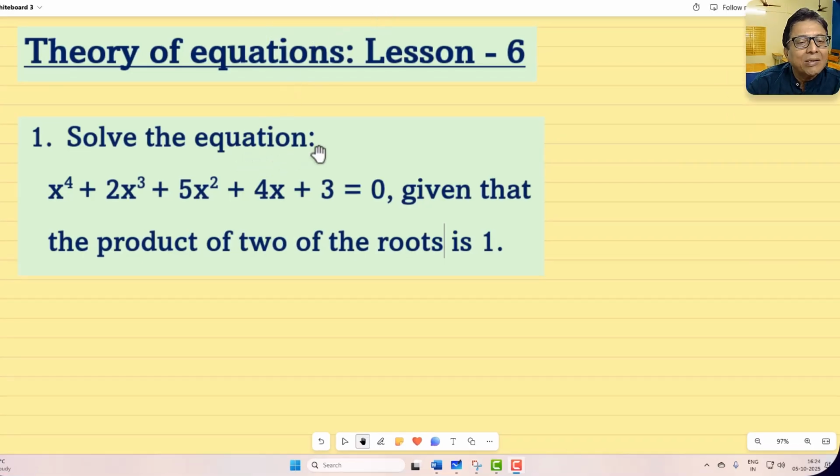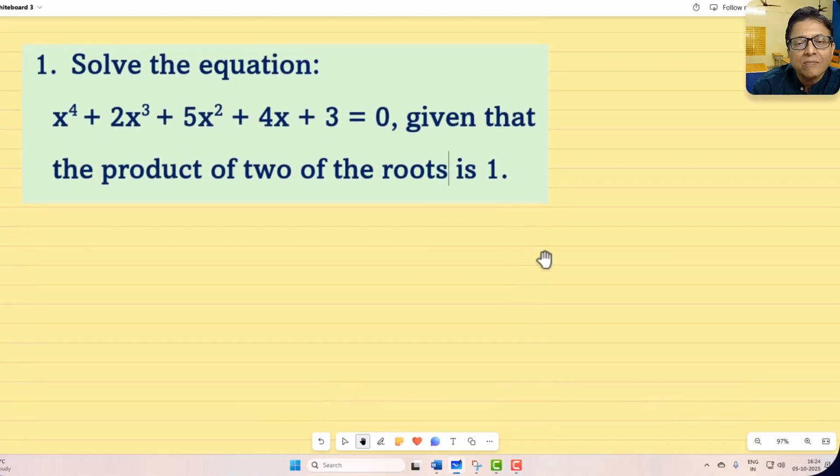Let us start with this problem, where you have to solve this biquadratic equation where the product of two of its roots is 1. So you just take the four roots as alpha, beta, gamma, delta.